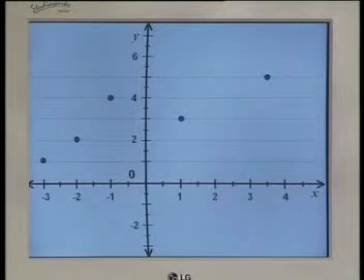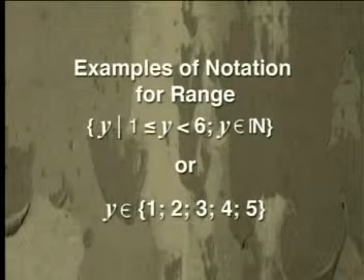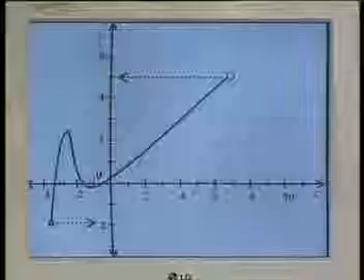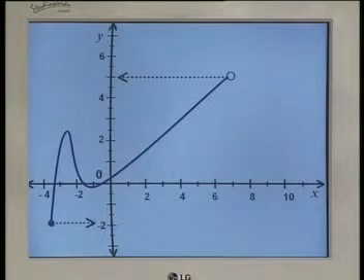So let's have a look at some examples where we focus on the range. In this case, the range is discrete values. We can represent this range as follows. Note that for discrete values, we cannot use interval notation. Let's look at an example of a continuous function. The range includes -2, but excludes 5.